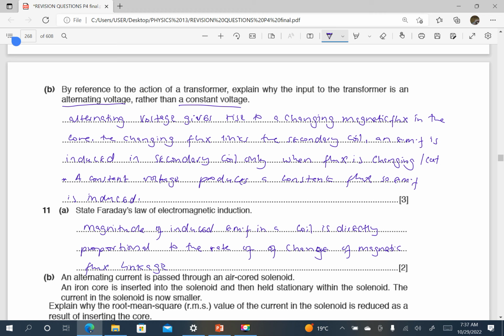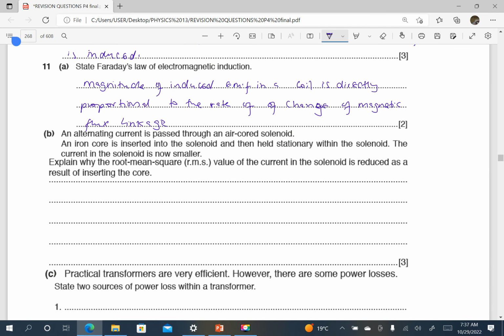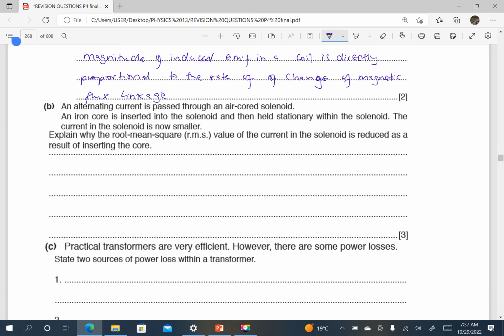That is Faraday's law. We stated that many times in magnetic fields and electromagnetic induction.